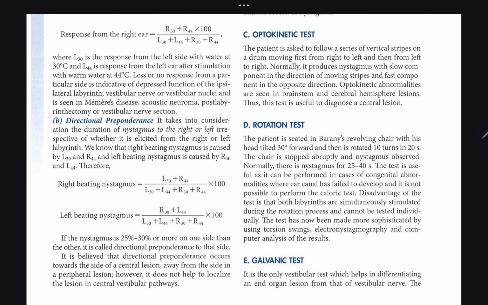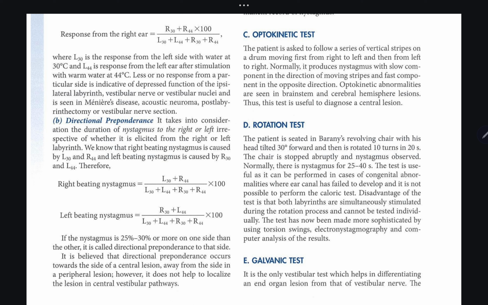B. Directional preponderance. It takes into consideration the duration of nystagmus to the right or left, irrespective of whether it is elicited from the right or left labyrinth. We know that right beating nystagmus is caused by L30 and R44, and left beating nystagmus is caused by R30 and L44.